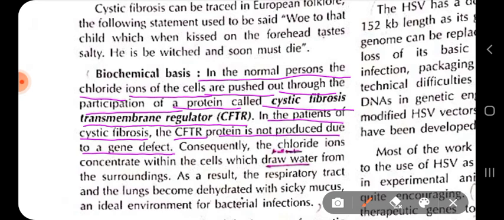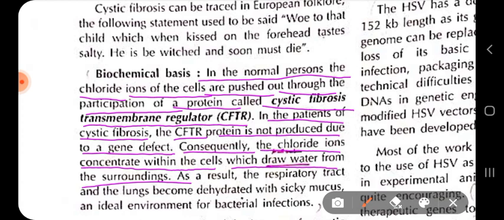So those patients who are suffering from cystic fibrosis, the CFTR protein is not produced due to a gene defect that cannot produce this CFTR protein. Consequently, chloride ions concentrate within the cells of the lungs, which draws water from the surroundings. Okay.